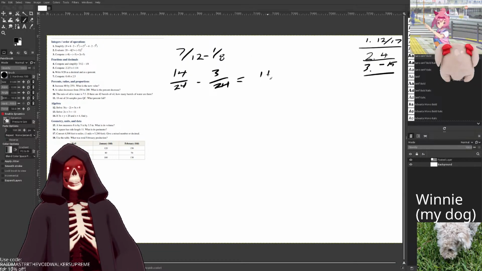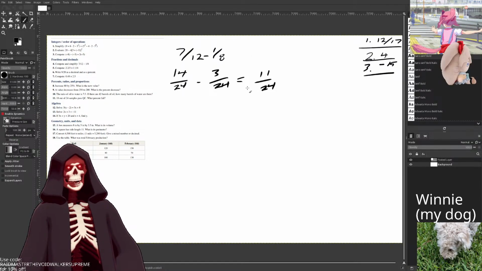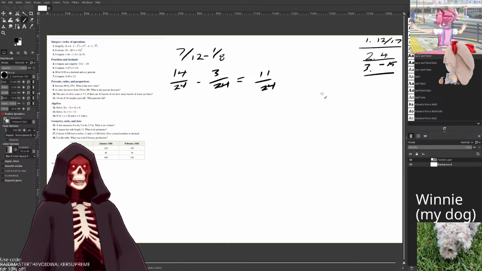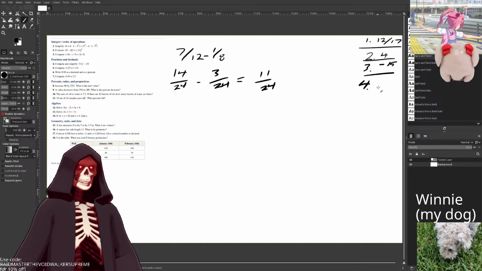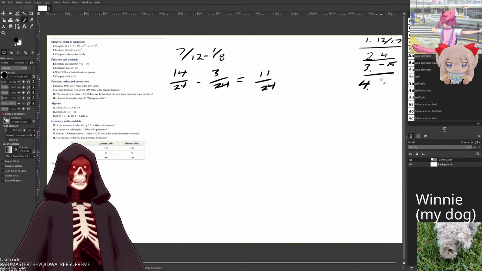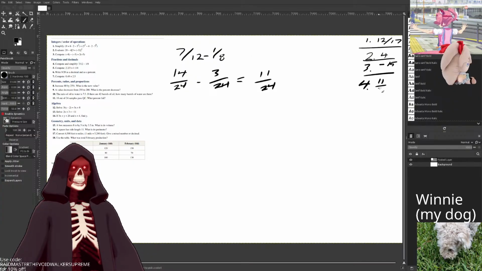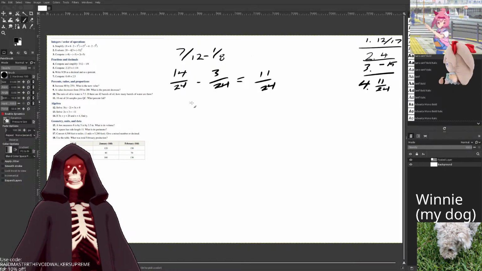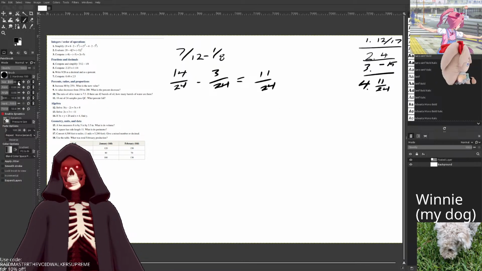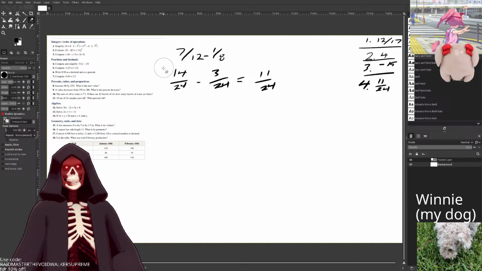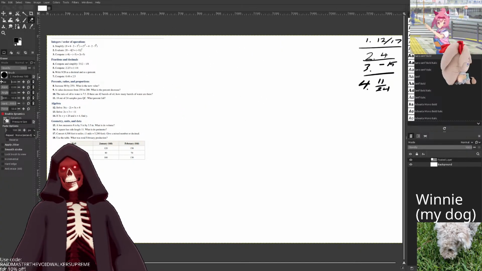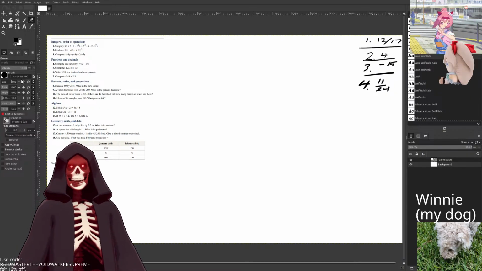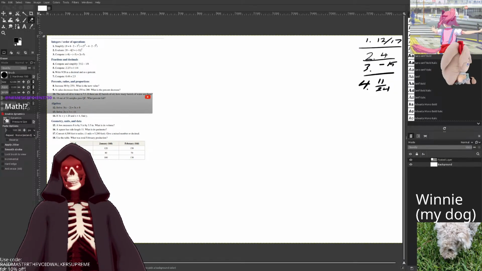That's equal to 11 over 24, which is the simplest it can be because it's an odd number. So number 4 is 11 over 24. Math? I know. And I'm doing it. It's crazy.